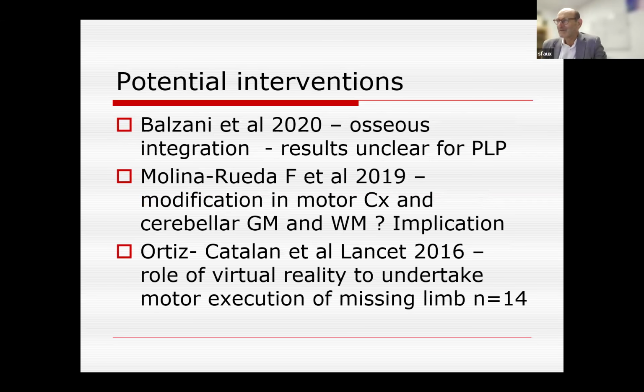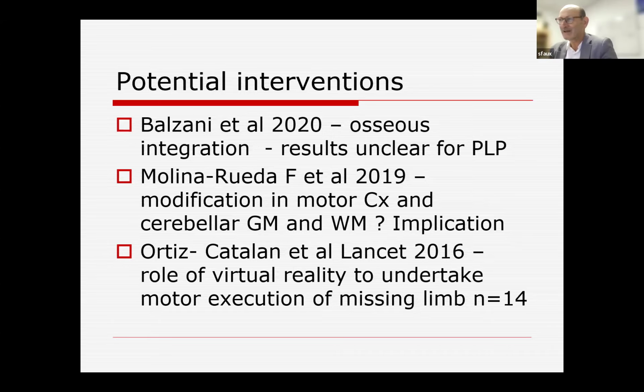There was a study done in 2020 to see whether osseous integration, which is putting a metal rod extruding through the skin for the direct attachment of the prosthetic, would decrease phantom limb pain, but the results were unclear, and the methodology was questionable.